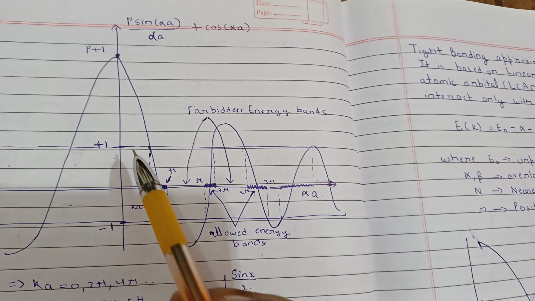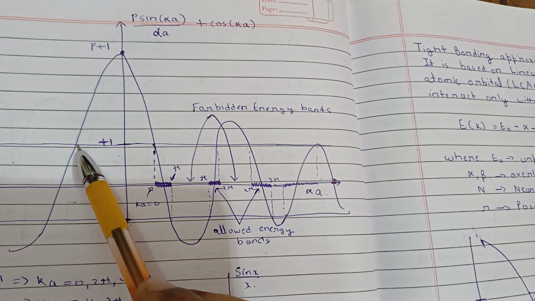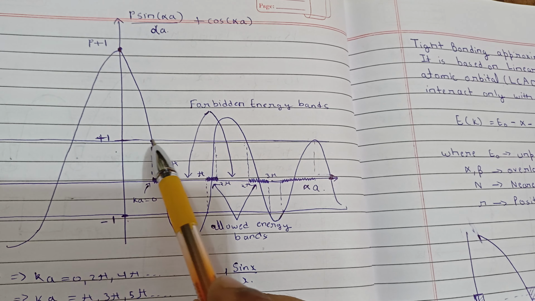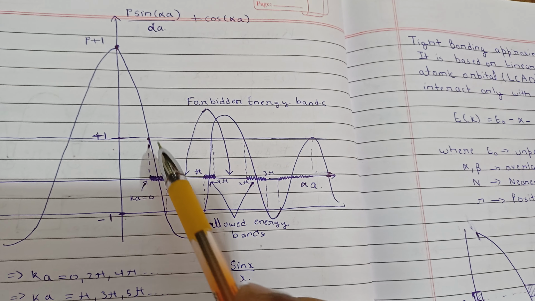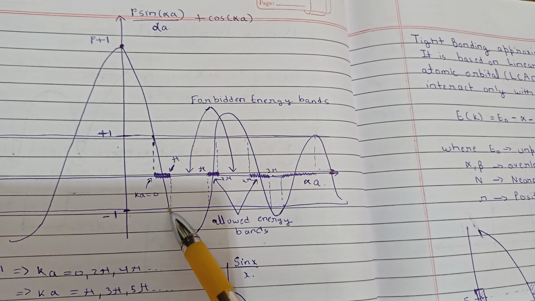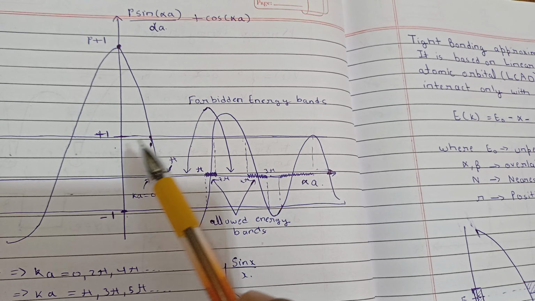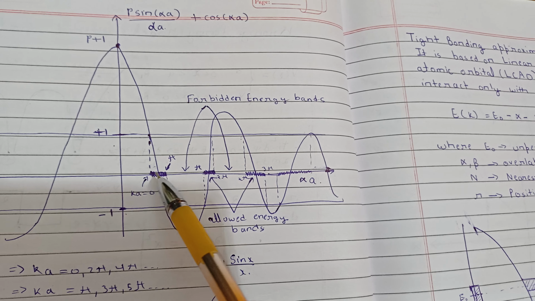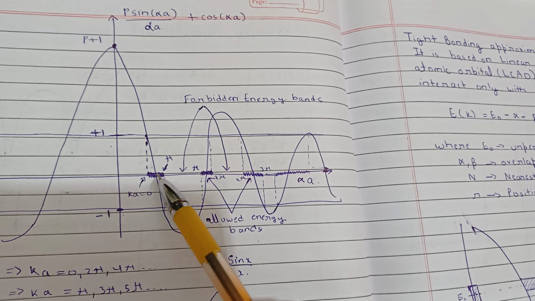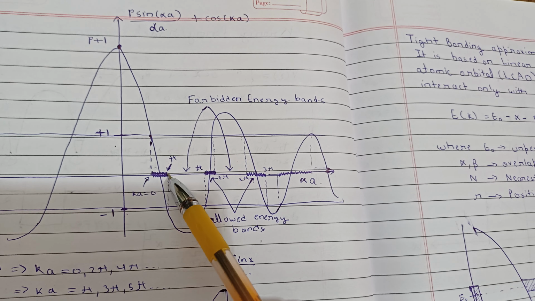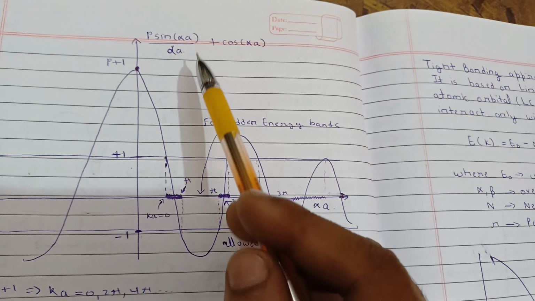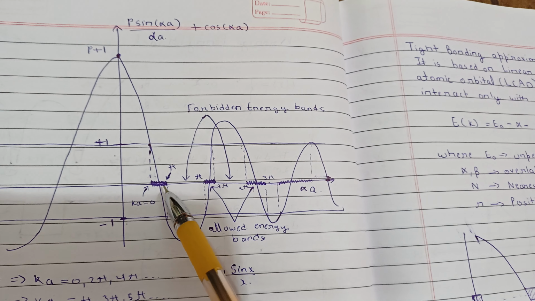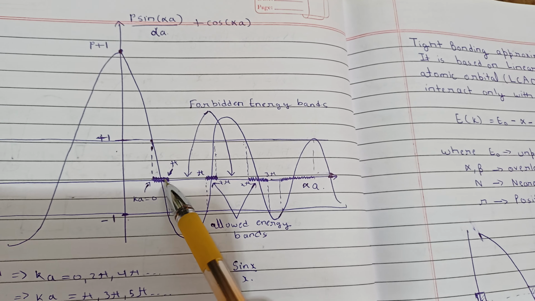Okay, so this range and this range are not allowed, meaning the electron can't exist in them. Then this line came between plus and minus 1. So there is this energy at this point, and this energy at this point, and the electron can exist in this energy range only, because this satisfies the equation equal to cos Ka. So that's how we get our first band here.